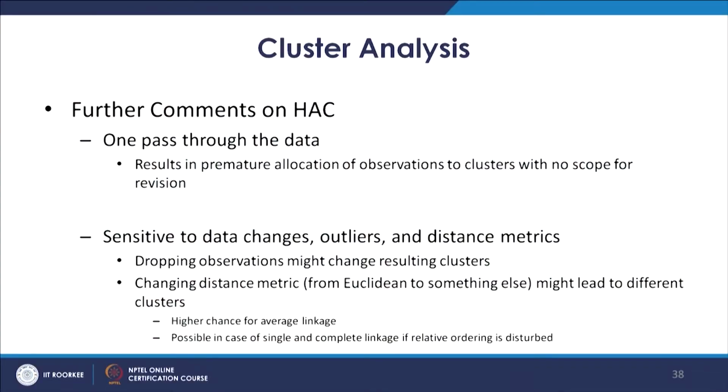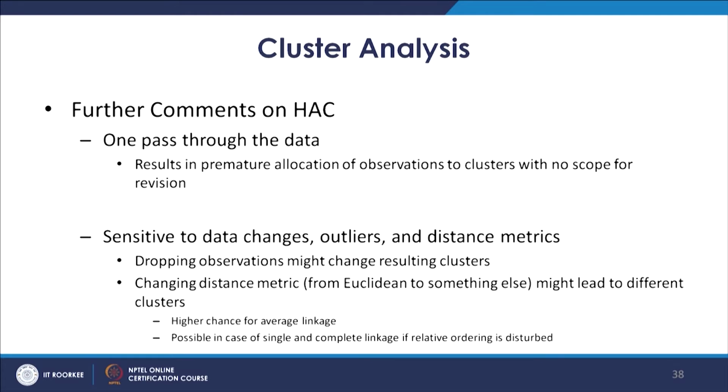So it is more likely that the results are also going to change. In single and complete linkage, they are slightly robust to changes in distance metric, in the sense that they rely on the relative ordering.